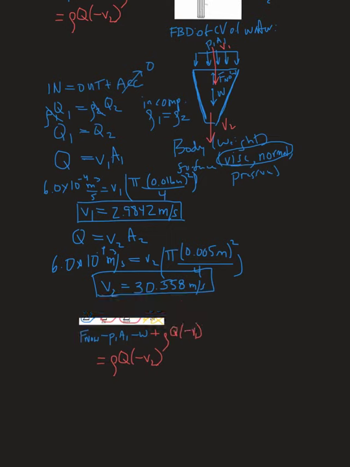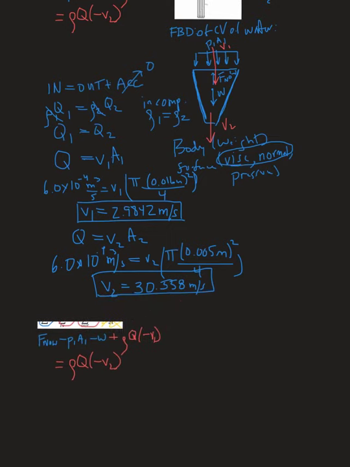Okay, so now I think we're ready to solve. We just need to start plugging in. So we've got F now. Let's get a writing tool. F, nozzle on water, equals minus P1A1. That was 464 kPa, newtons per meter squared, times area 1, which is going to be pi. We probably could have solved for the area earlier, just so we don't have to keep writing all this out.